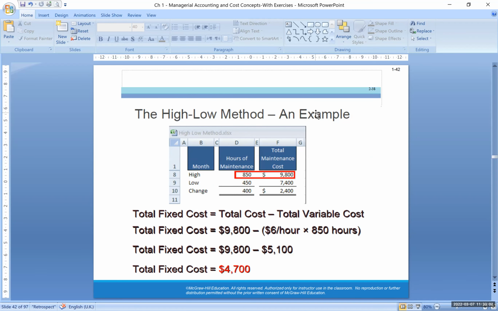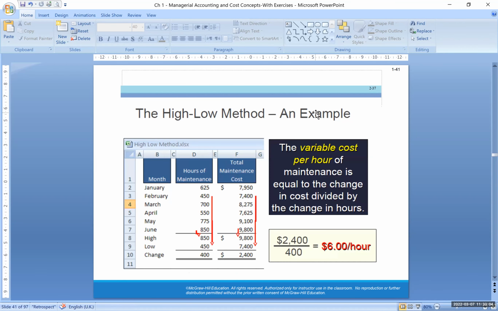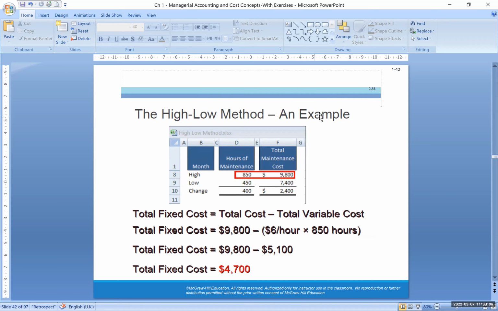Then if we apply this equation, we will say the total fixed cost is equal to total cost minus total variable cost. The equation starts with the total cost, if you like. The total cost y is equal to total fixed cost a plus total variable cost, which is bx.